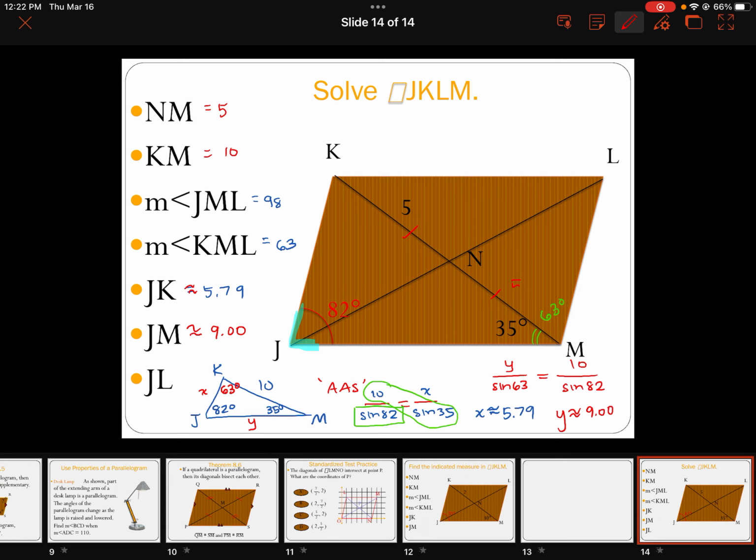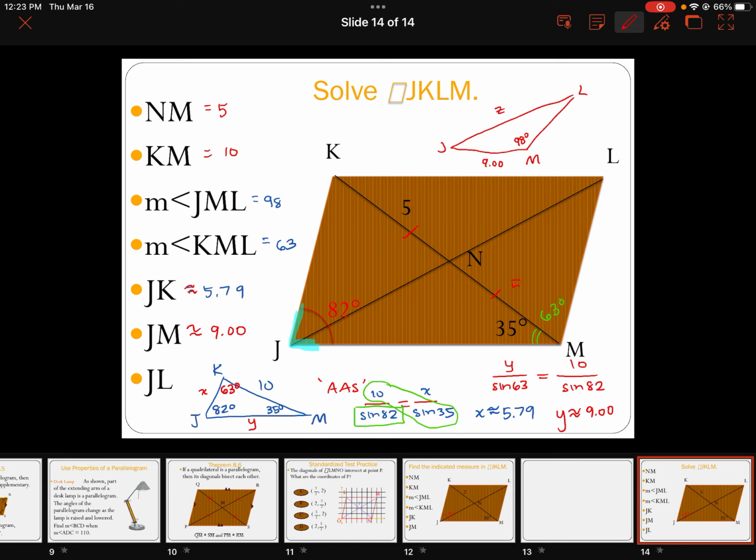We also want the distance from J to L, and that's going to involve a different triangle altogether. So we're going to draw that guy up here. We want to find that distance. Maybe we'll call it lowercase z. Remember that angle's 98 degrees. Yeah, and this guy is 9.00.